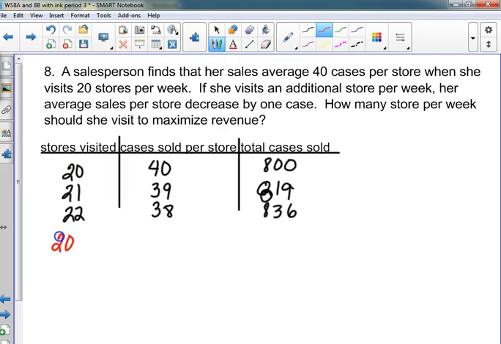So if we call this 20 plus what? X? What does X represent when we do that? That's really important that you know that. Number of additional stores, right? Okay, what is happening in this column?